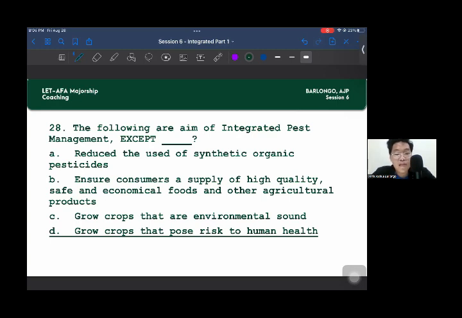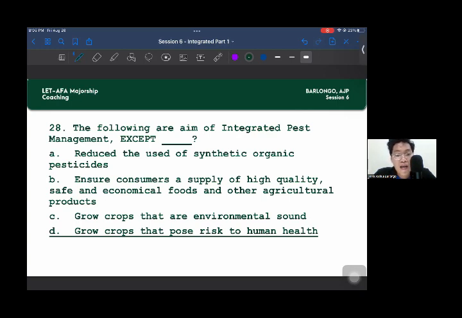Kapag sinabi natin integrated pest management, di ba kanina nagsabi ako ng mga different control methods? For example, biological control, chemical control, mechanical control, physical control. If you have taken note kanina about those control methods, kapag sinabi natin integrated pest management, you are employing two to three or more pa na mga pest control methods.